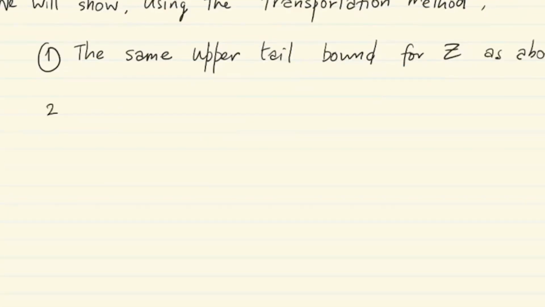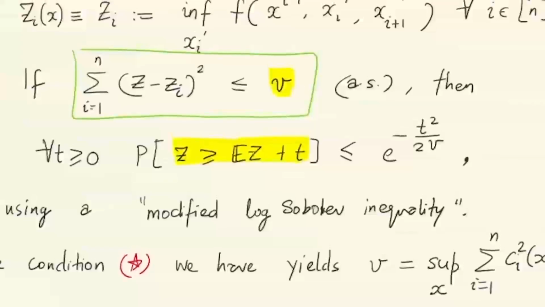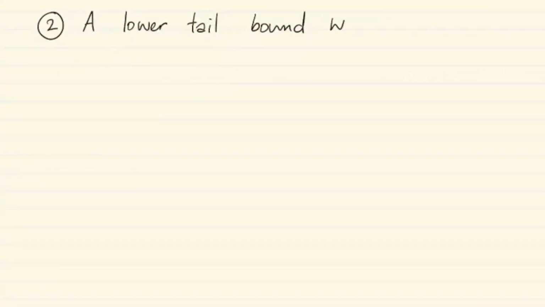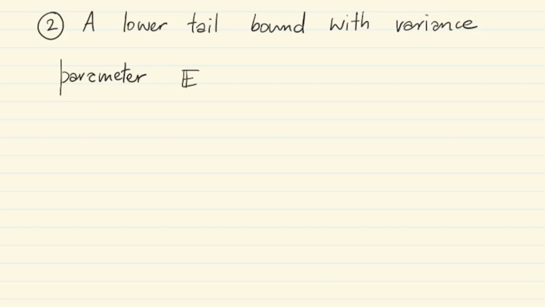And moreover we will rather remarkably show without any extra effort a lower tail bound as well, that is the probability that Z is less than or equal to EZ minus t, with much better variance parameter, in fact with variance parameter of only the expectation of the sum of ci square x.